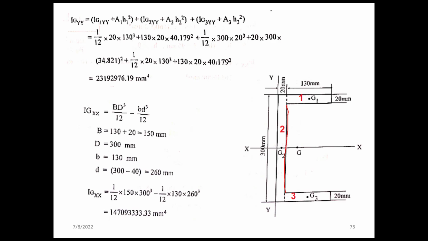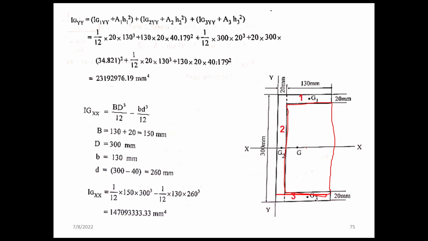Please consider this as a rectangle. Please note that this real composite figure as well as this rectangle both have the same centroid with respect to the x-axis. The y will change, but the x-axis is the same for both.